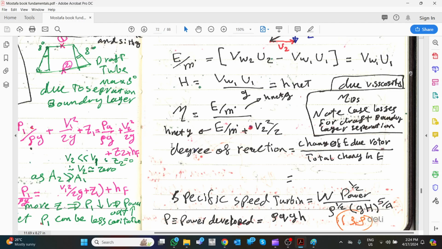And there are other terms. Maybe we will do a simulation. Somebody, or the client, will tell you, okay, what is the degree of reaction? I need to calculate it. What is the degree of action? Its definition is very simple. It is the change in energy due to the water divided by the total change in the energy.